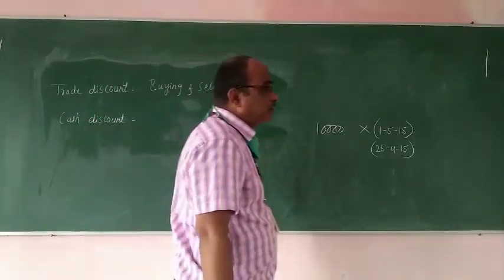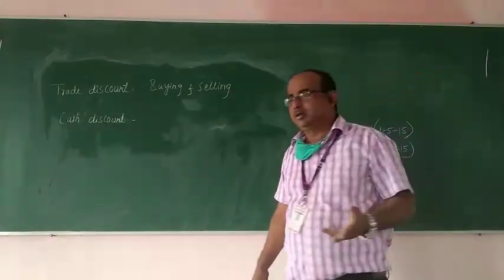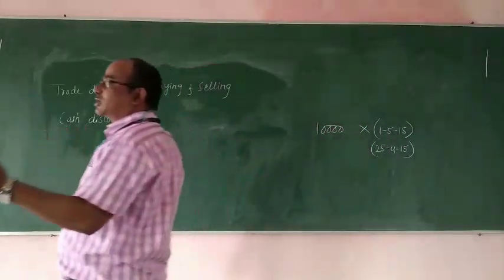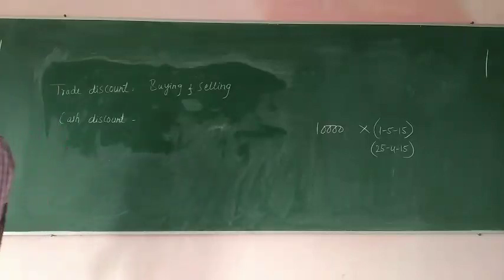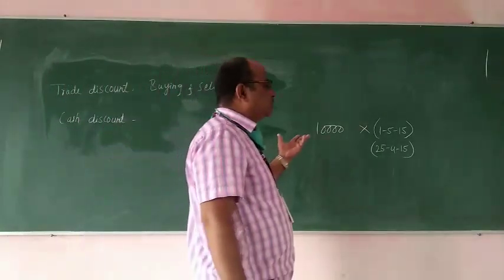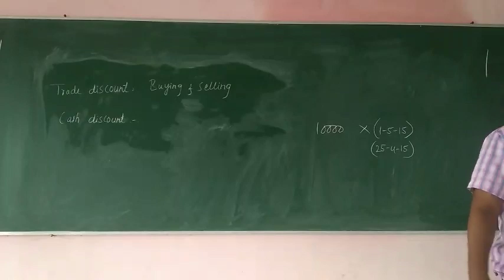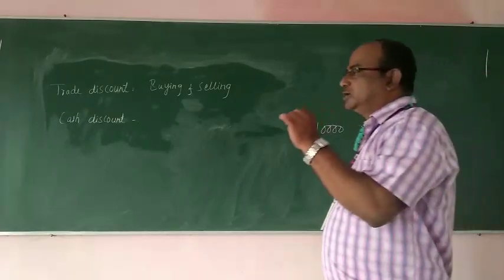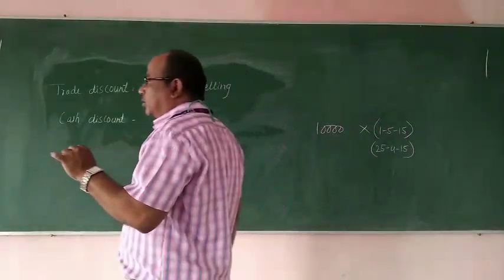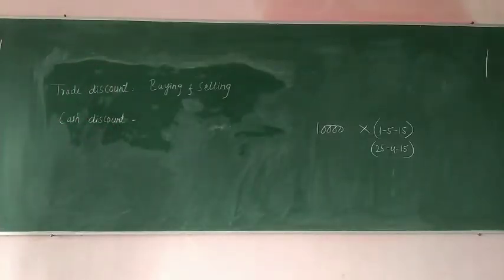Trade discount. In case if you are selling the goods and if your customer is purchasing in bulk quantity, and for that if you are allowing any discount, that is also considered as what? Trade discount. So ultimately what I want to say is the discount which is allowed on purchasing and selling of goods is called as what?